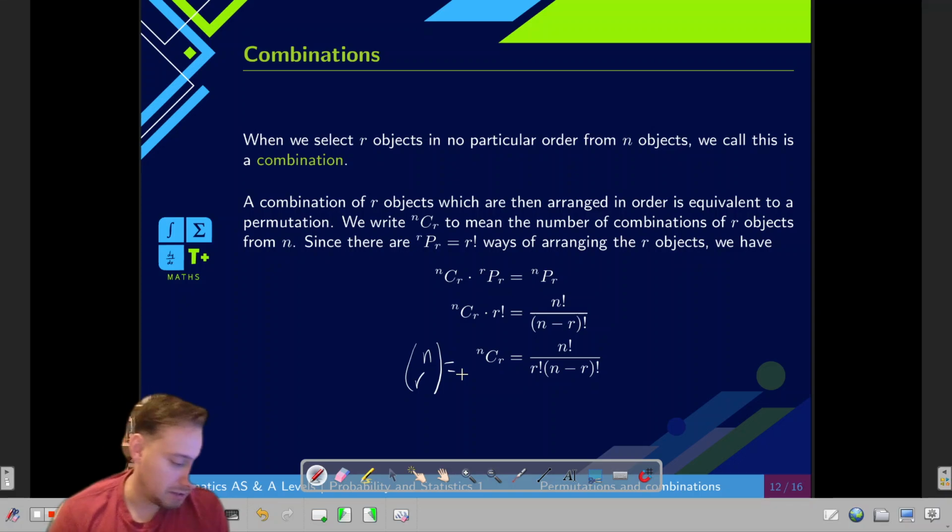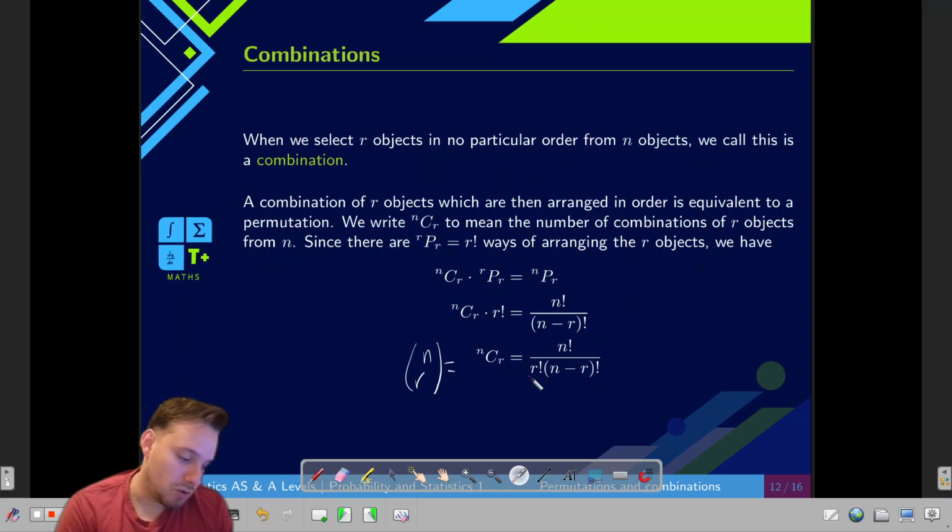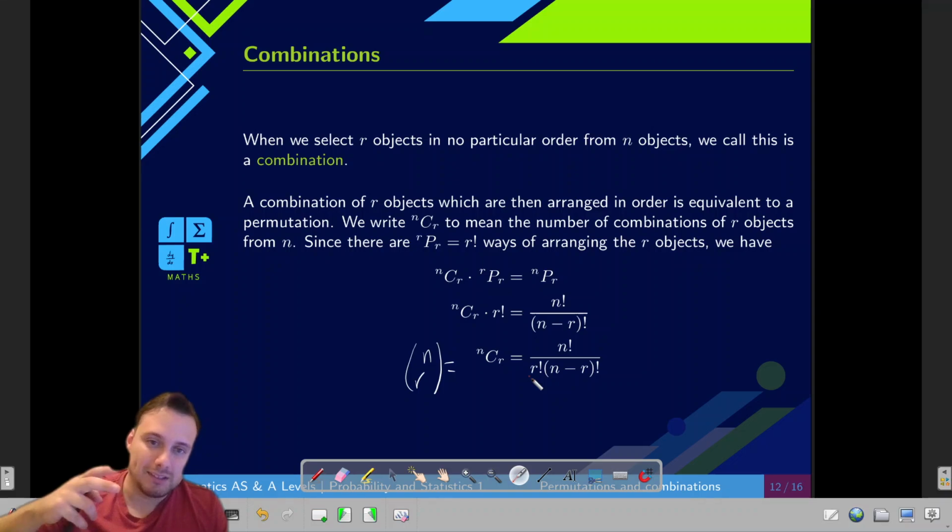So the formula that you need to know is this one, and you are given that formula in the exam. It's very similar to the one for arrangement. The only thing is that we are dividing over r factorial because we are taking away the arrangement of the r objects.